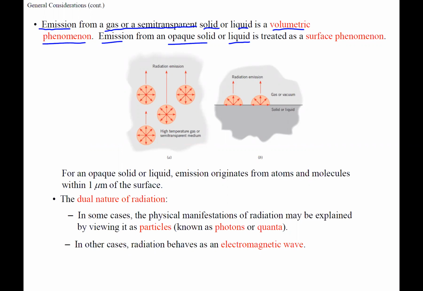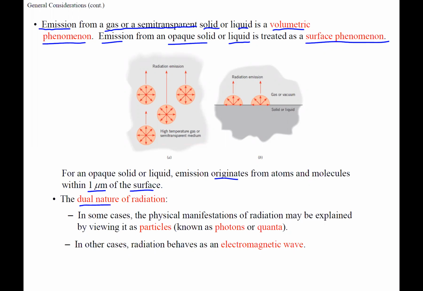But if it's a wood table, let's say, then you have surface phenomena. It is just occurring at the surface, okay? And it originates in a very small depth within the surface. That's why we can think about it as a surface phenomenon.